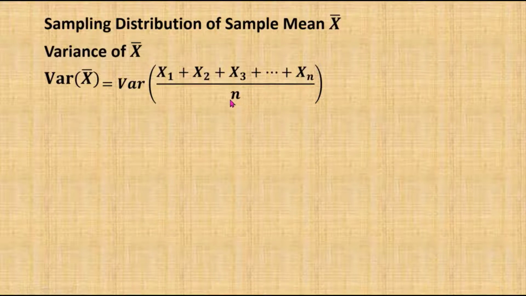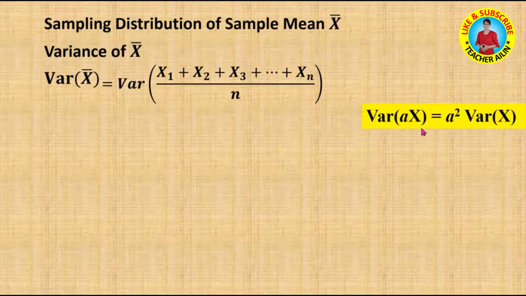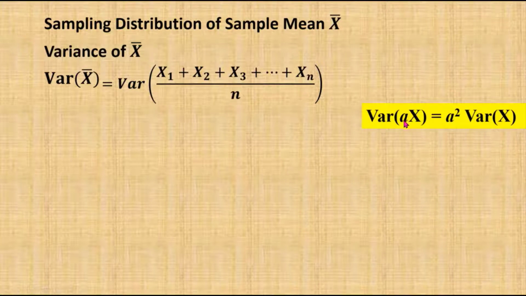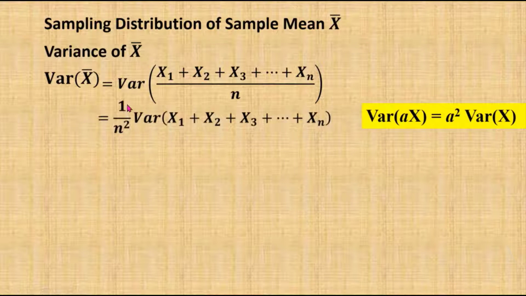Next I'm going to take out this constant. But from what we have learned before, when taking any constant out of the variance of a random variable, the constant becomes squared. So when I take out 1 over n, it becomes 1 over n squared.